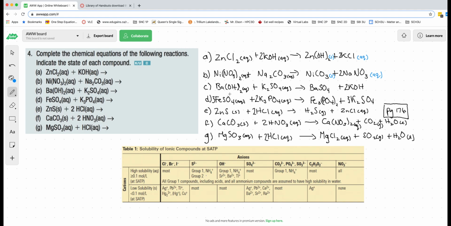So barium hydroxide and potassium sulfate becomes barium sulfate and potassium hydroxide. So let's test sulfate, which is here. And barium does indeed fall under the low solubility category, so it is going to have an S. Whereas hydroxide, potassium is in group 1, so it is in the high solubility category, so it gets an aqueous beside it.